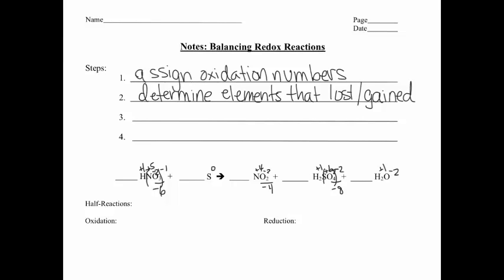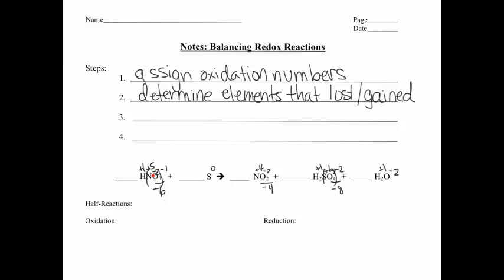So looking at our elements, it seems that hydrogen was +1 and +1 and +1. It's not hydrogen. Nitrogen here is +5, but here it's +4. So that actually went from +5 to +4.